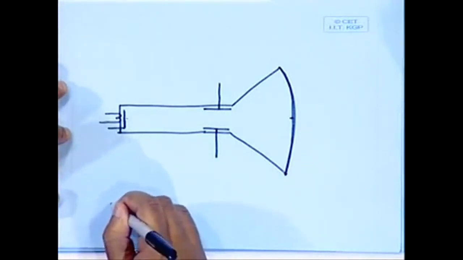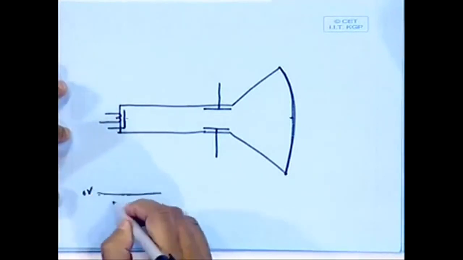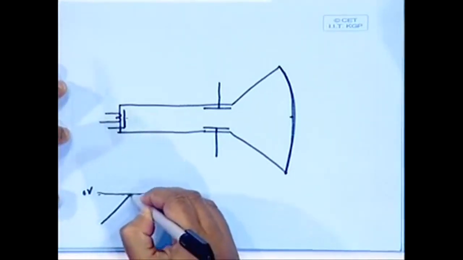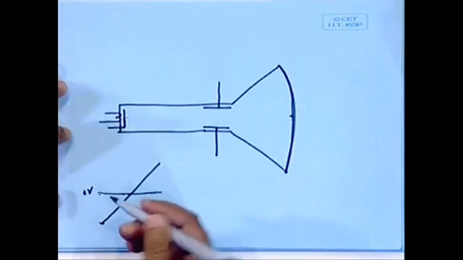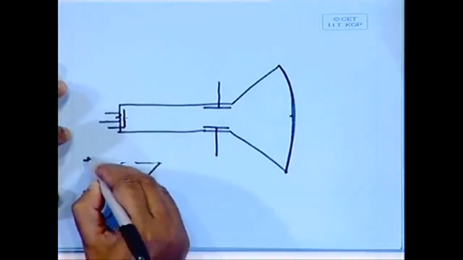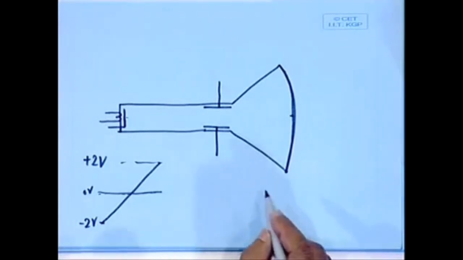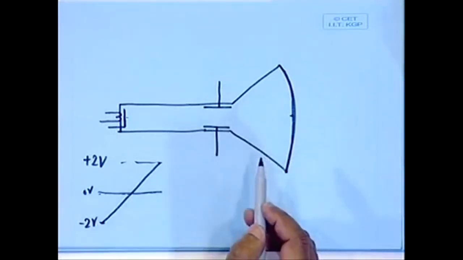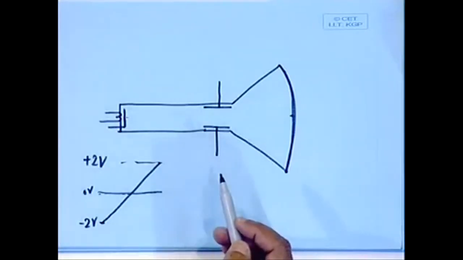Say I apply a waveform like this, where this is my DC level of 0 volts, and the waveform goes from minus 1 volt or minus 2 volts to plus 2 volts. When the coil voltage is minus 2 volts, it will direct the electron beam to the extreme left possibly. And when we give plus 2 volts, the electron beam will be directed to the extreme right.